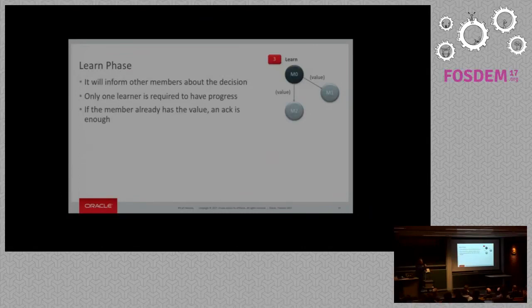And usually you can piggyback the learn message in the previous message in the accept phase, so that you don't really need to send any specific message saying, okay, that's the next transaction that has been decided. You can basically piggyback this information in the previous phase of the protocol.